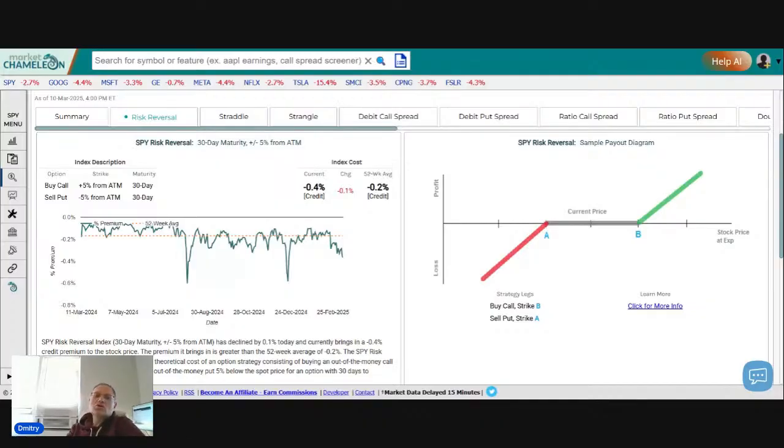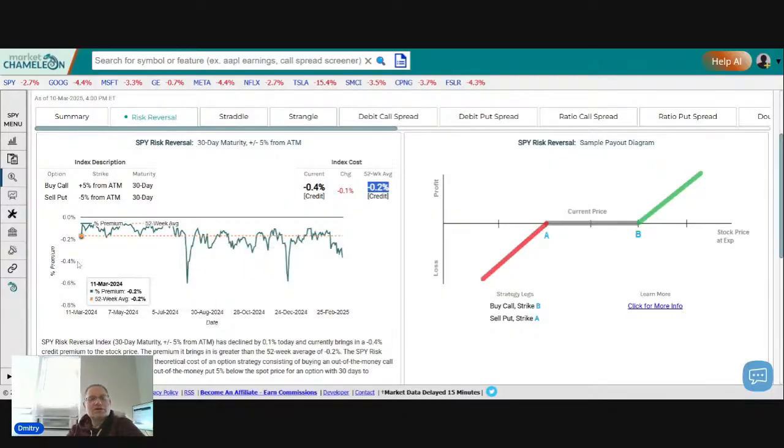So from a historical perspective, we see that we get more credit right now than in the last 52 weeks. Okay, people are willing to pay a little bit more than usual for the puts relative to the calls. And when we look at this chart here, you see it pointing down.